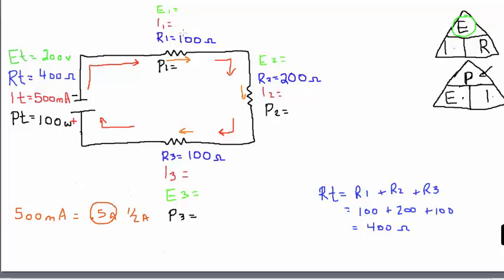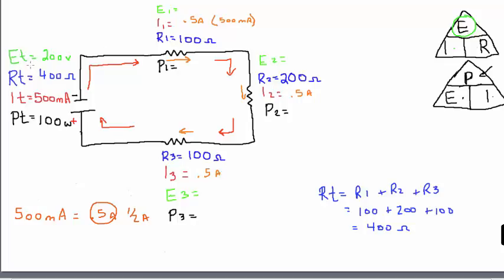In other words, current doesn't change in a series circuit. It remains the same. So you can put that value in, and I'll put it in as 0.5 of an amp. And I'll just put in brackets here, that's actually 500 milliamps. And all the current must go through this resistor here as well. So I must have 0.5 of an amp here, and I must have 0.5 of an amp here.